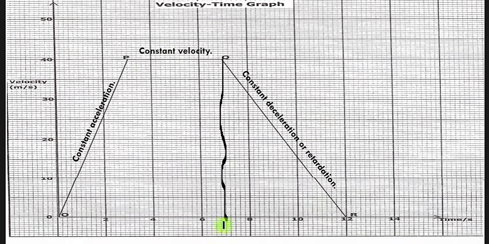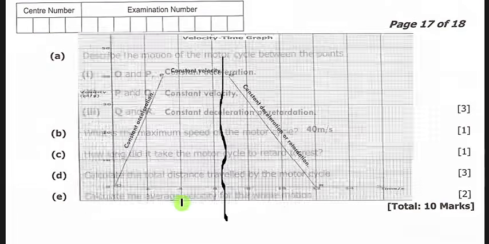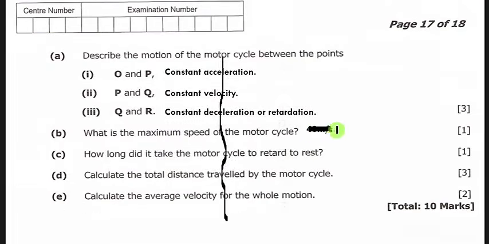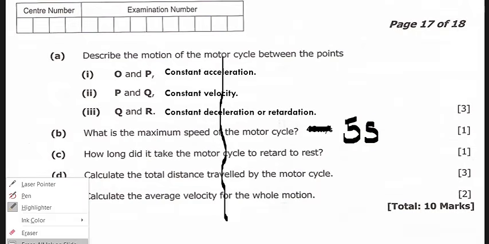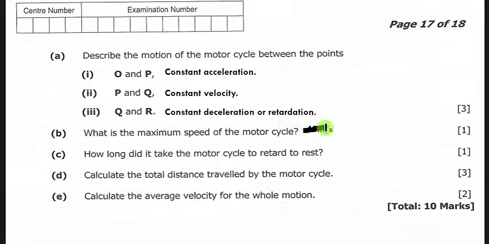So you are saying 12 minus 7, which is actually 5. So here I should have said, instead of this one, 5 seconds. Where I said 12, it should not be 12, but 5 seconds.